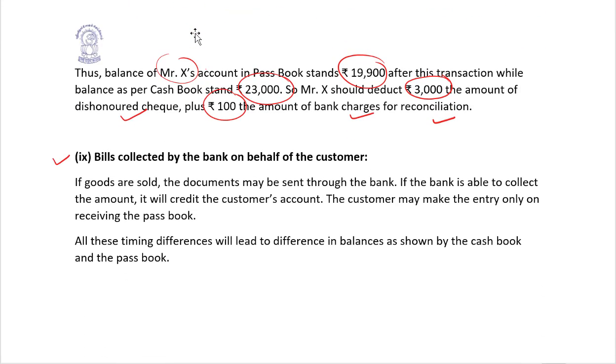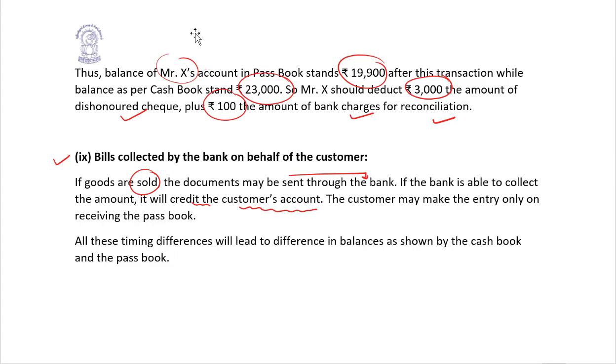Let's see the next point. Bills collected by the bank on behalf of the customer. If goods are sold, the documents may be sent through the bank. If the bank is able to collect the amount, it will credit it to the customer's account directly.